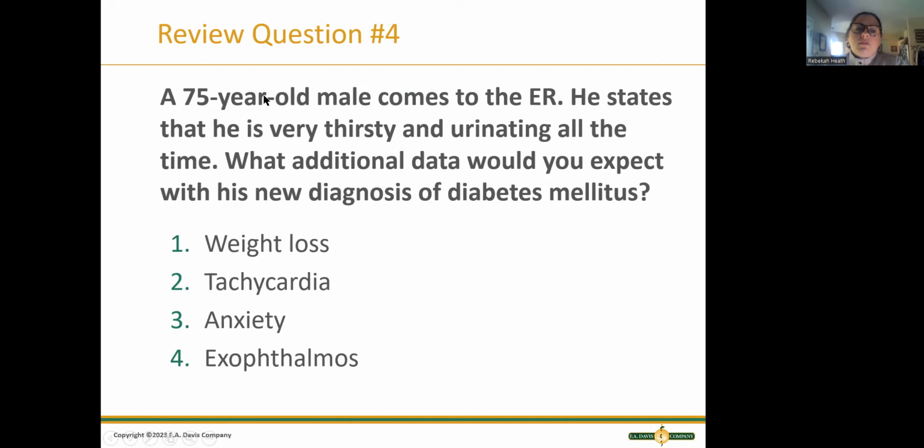A 75-year-old male comes to the ER. He states he is very thirsty and urinating all the time. What additional data would you expect with his new diagnosis of diabetes mellitus? We're going to talk a little more about this when we talk about diabetes, but any other ideas? Well, the answer is weight loss.